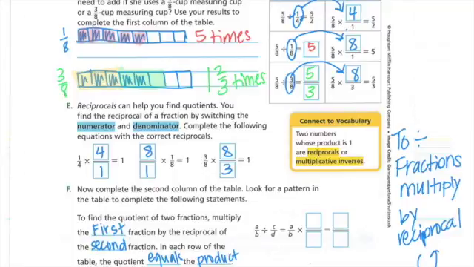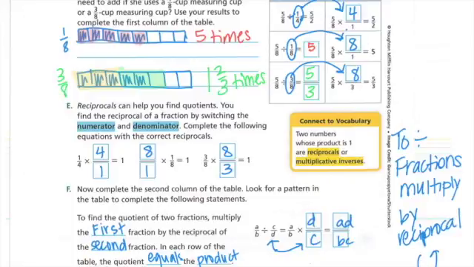In this example, A over B divided by C over D. So this is an algebraic example where we're going to trade. So we keep the first fraction, A over B, but then C over D needs to become the reciprocal. So we flip it upside down. It becomes D over C, and then you multiply. And if you remember, when we multiply fractions, we just go straight across. So A times D and B times C.